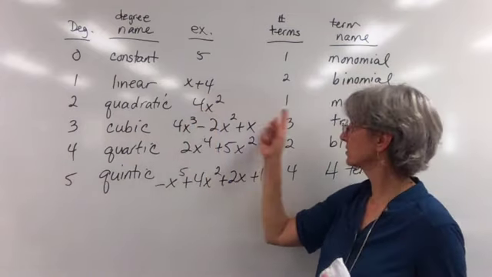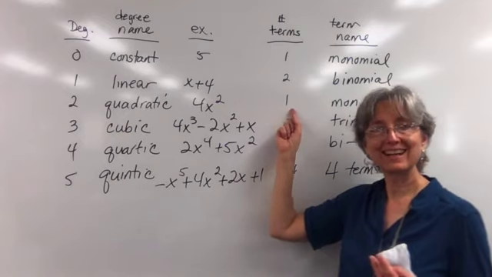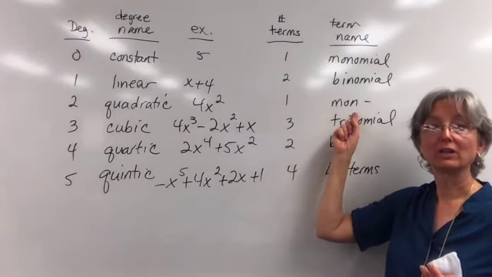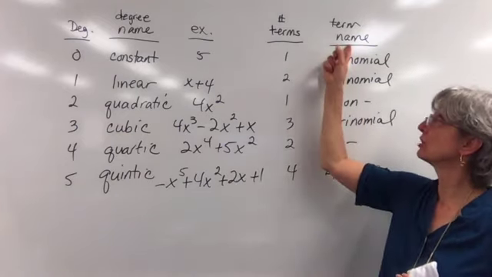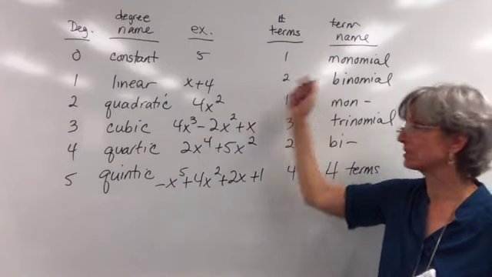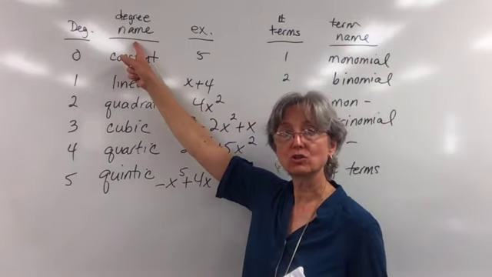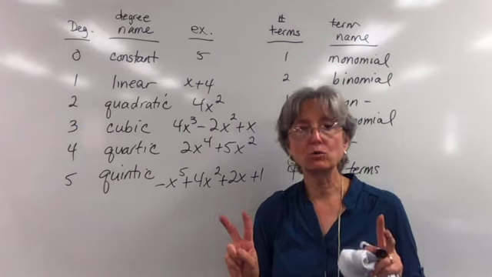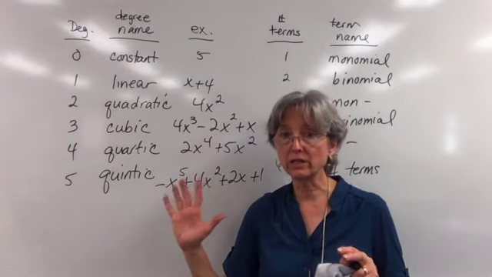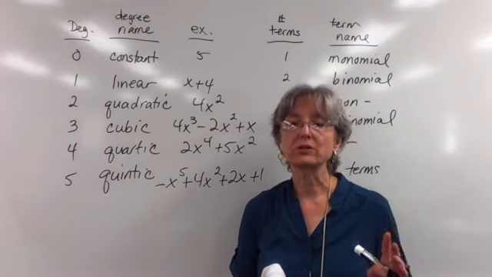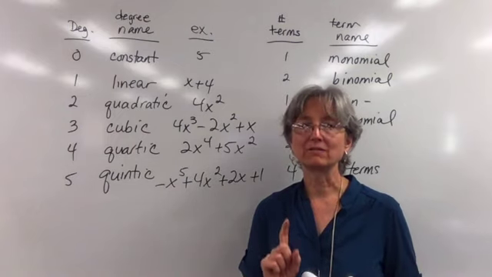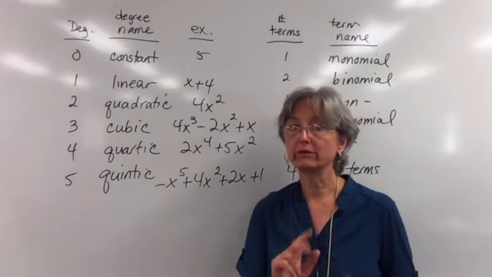That only has one term, so it is another monomial. This is the name determined by how many terms it has. This is its name by its degree. So you can classify it two ways. You can classify it by degree and by the number of terms. Often you will be asked to give me both, so be careful.